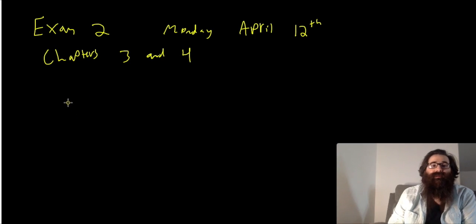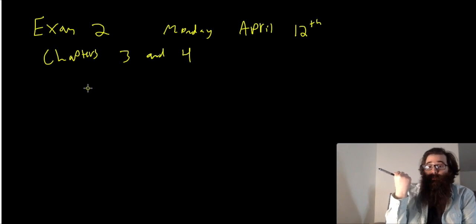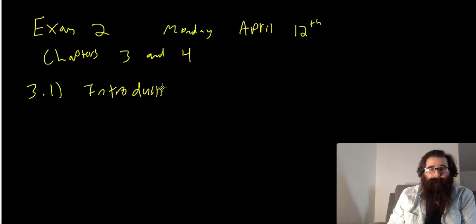But let's list out the different sections. Let's talk about what we talked about in those sections a bit. Let's try to keep it brief though, because I know you gotta get out of there, you gotta get studying. So let's just do a bit of a recap. So chapter 3, we have 3.1, which was our introduction to determinants.